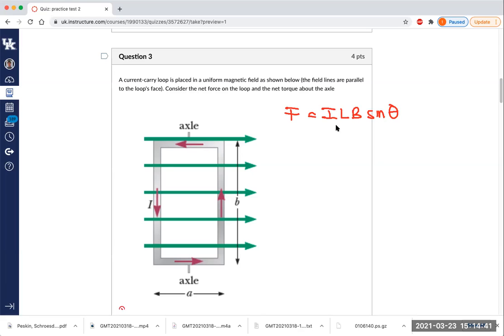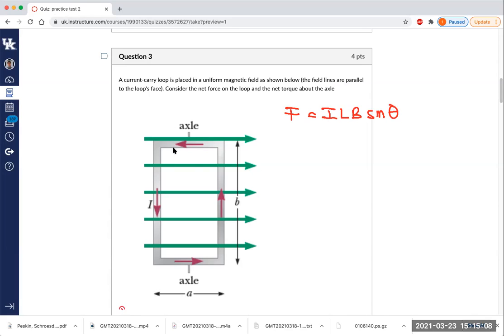So I is the current, L is the length of wire, B is the magnetic field. Theta is the angle between the current and the magnetic field lines. And this will tell us the force on the different parts of the current loop. So I'm going to break the current loop down into 4 pieces: the top, the bottom, the left, and the right.